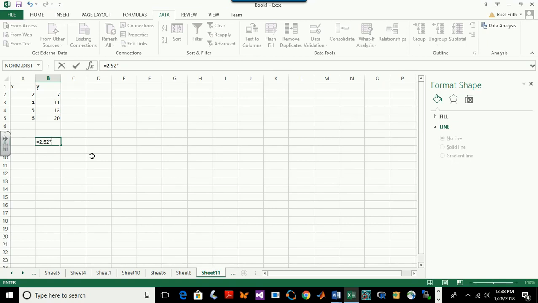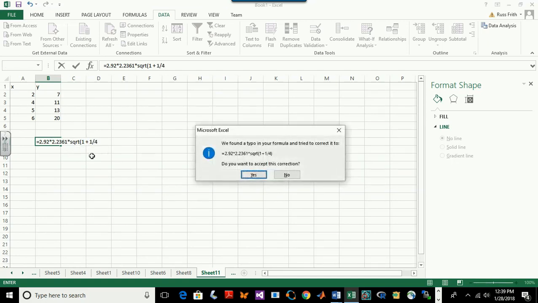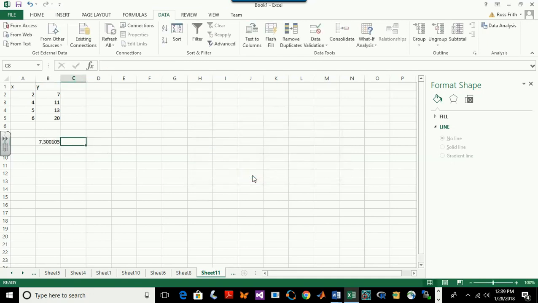What was the standard error for this problem? 2.2361. Okay, now times the square root of 1 plus 1 over n. So n was 4. Oh, Control Z.